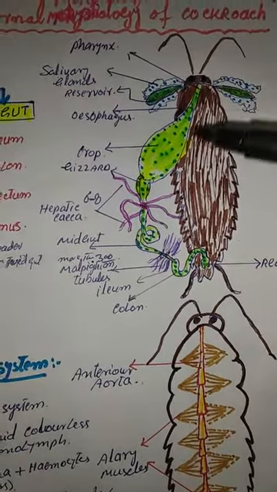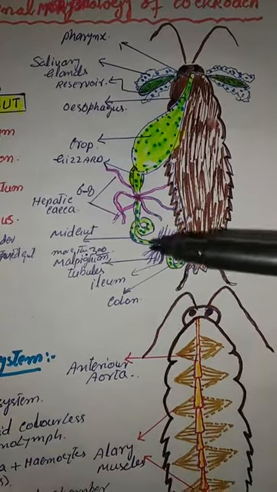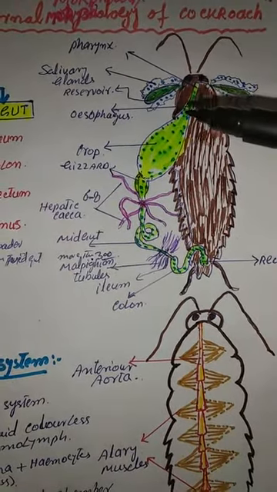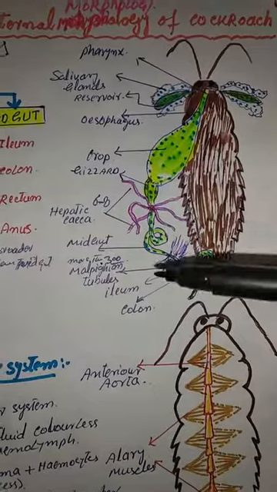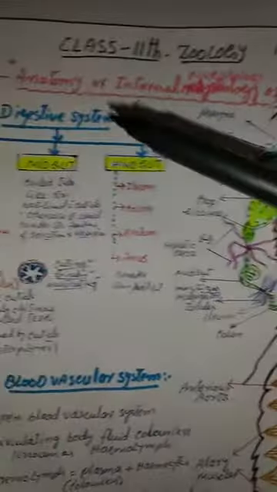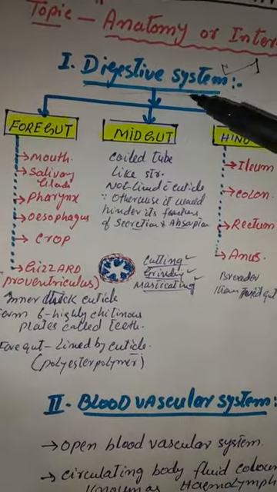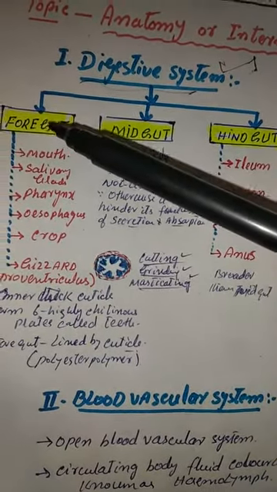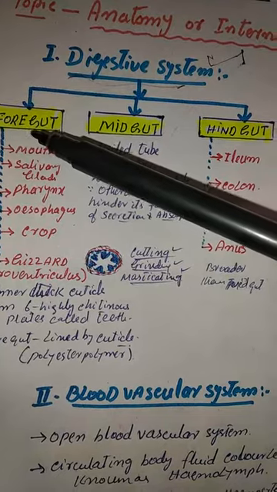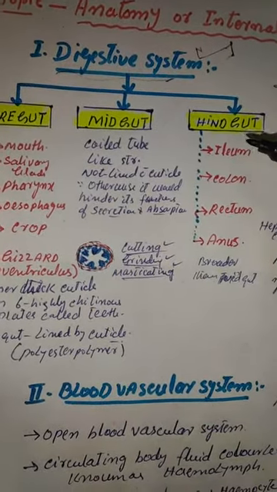For the easy understanding of this alimentary canal, it is divided into three distinct regions as depicted in this sketch. Digestive system is divided into three main regions, that is number one, the foregut, the midgut and the hindgut.